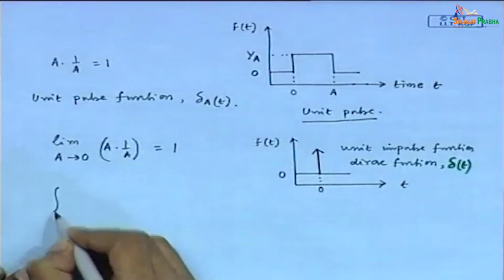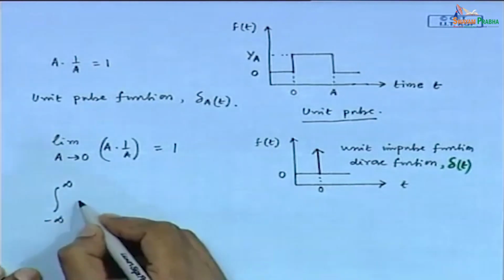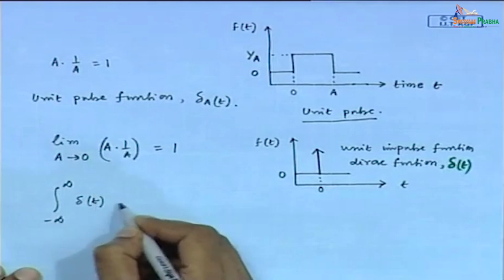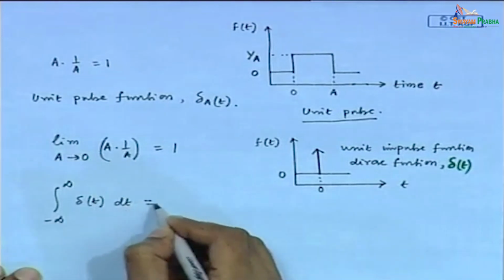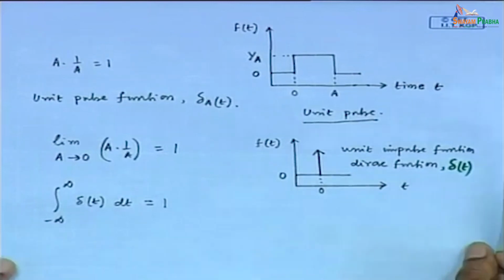So, we can represent this again by the integral from minus infinity to infinity of del t dt equals 1. If we consider minus infinity to infinity, then the integral of del t is 1 within this time range, fine. Now, what will be the Laplace transform of this unit impulse function?